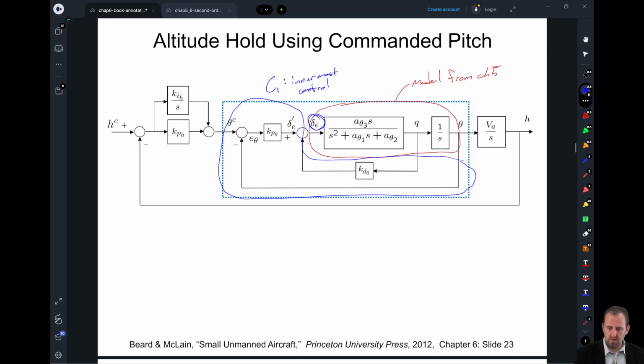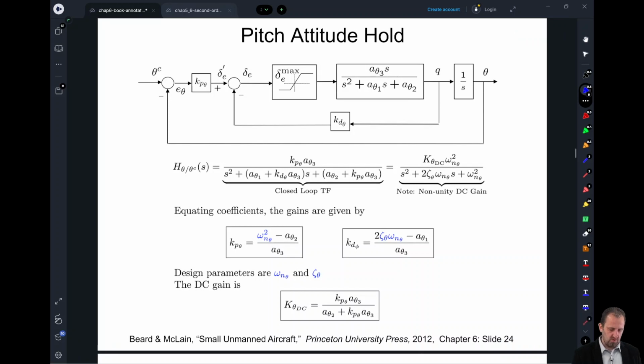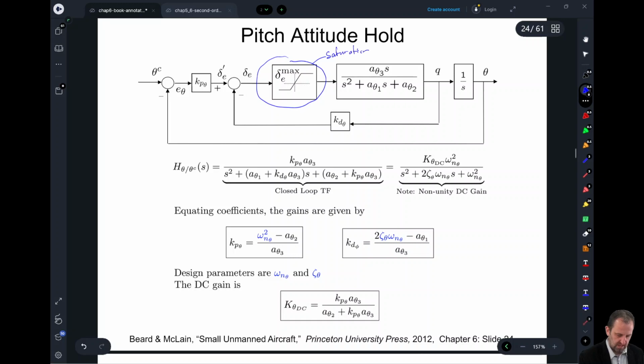So let's jump into the pitch hold. One thing that we notice here that we didn't put in the previous is a saturation function. In reality, we should have that in all of our commands. We can never command beyond this max and here's our min.